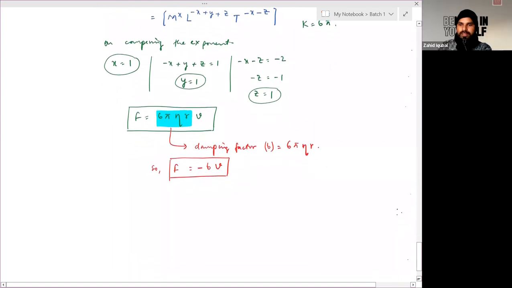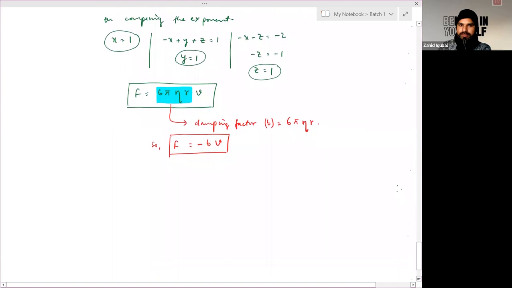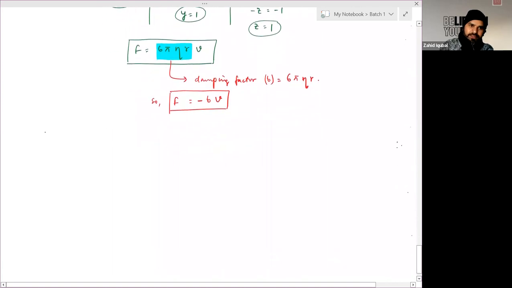Now on application of this Stokes law, let me define a term: terminal velocity.